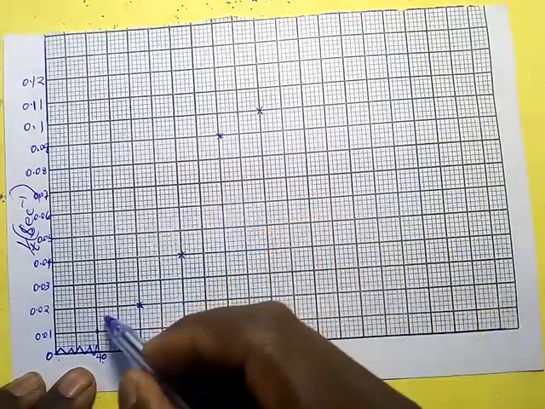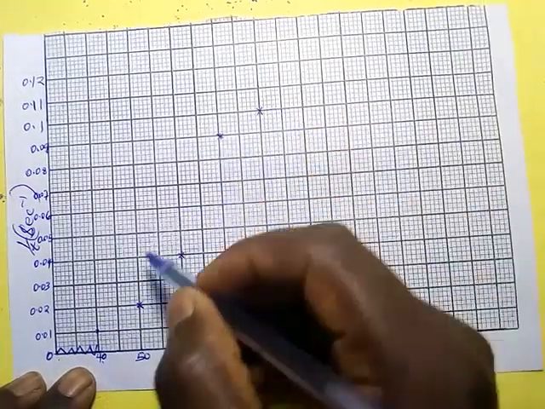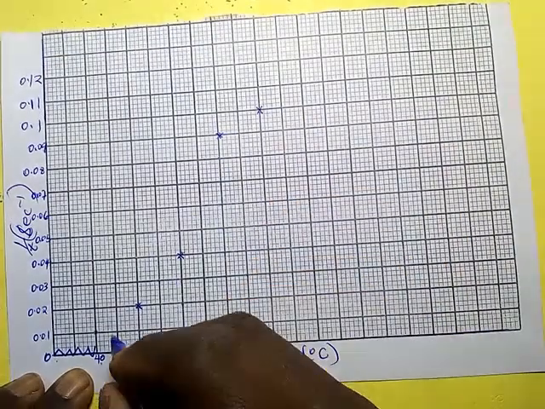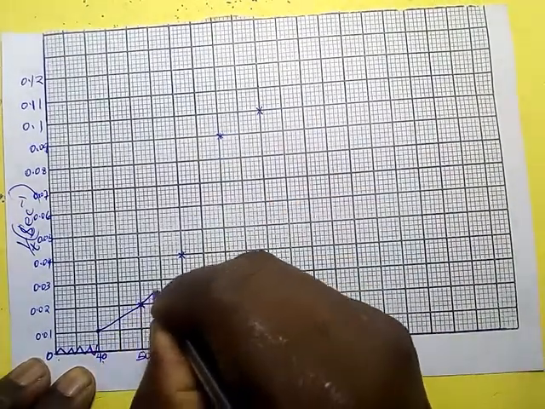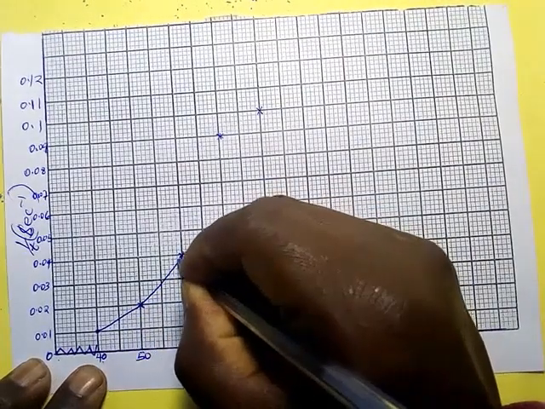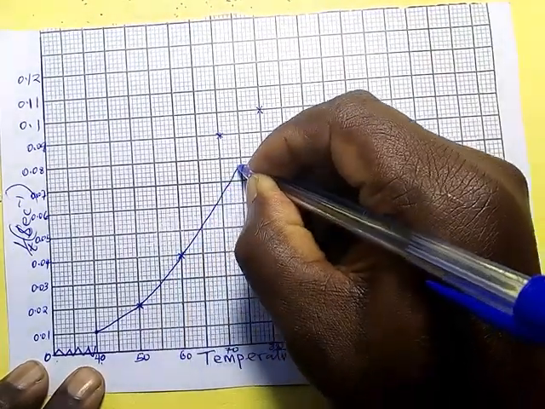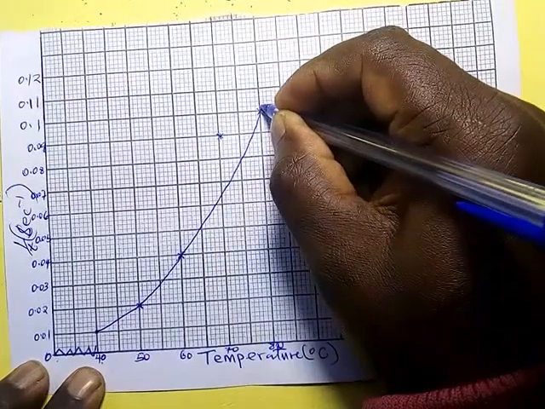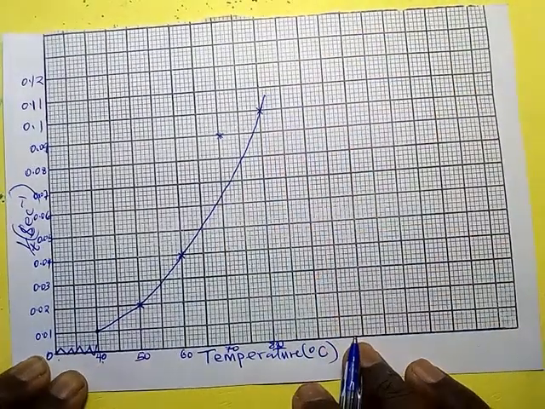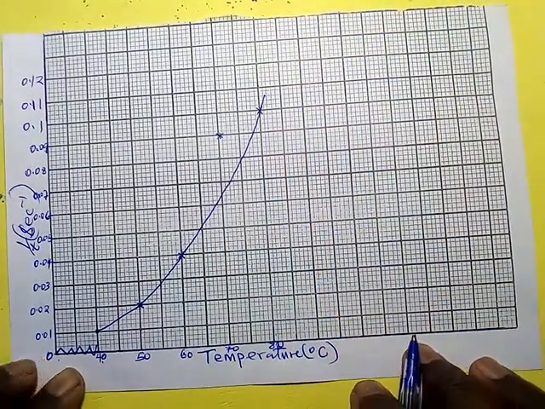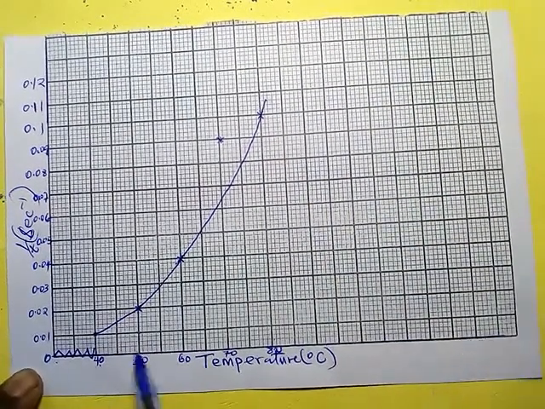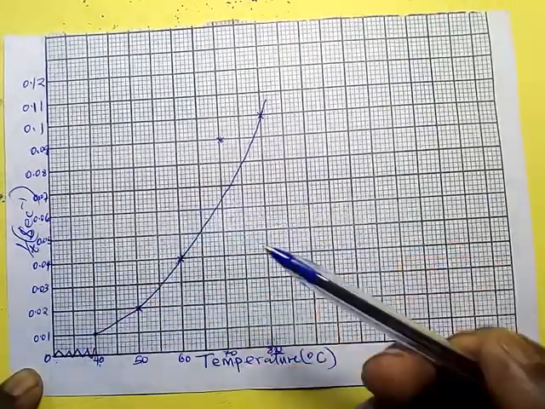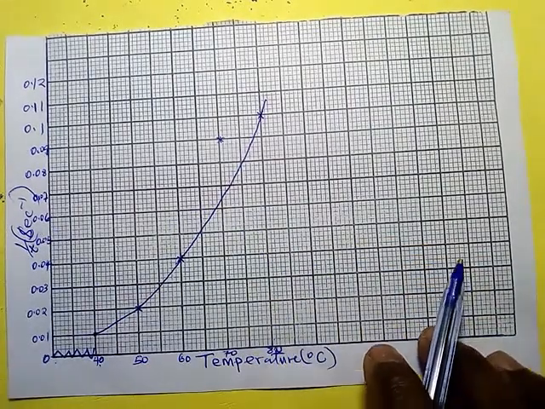So we draw a smooth curve going up to that point. And we have our graph. Now let us use our graph. So remember this, you will get all of the marks for the graph. 3 marks for free.